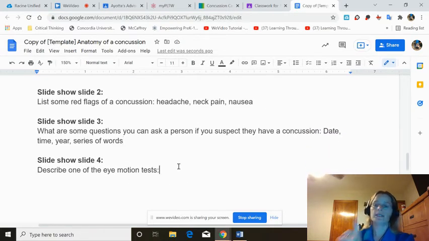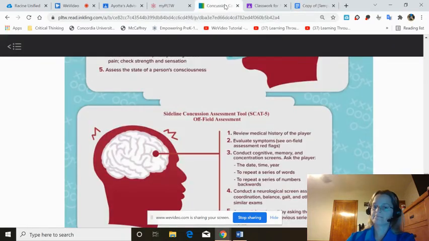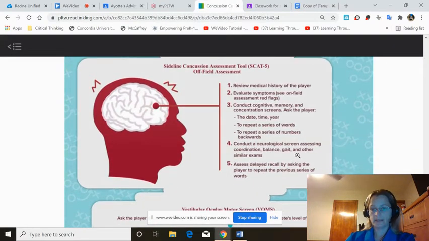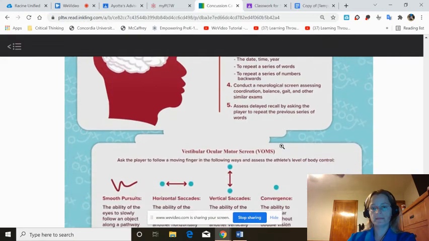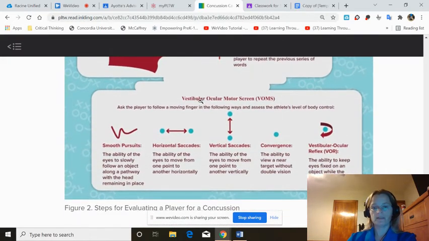One of the eye motion tests for a concussion. Let's see. So that's the neurological screening. Here we go. Vestibular ocular motor screen. So the ability of eyes to follow an object along its pathway while the head remaining in place. When somebody has a concussion and they're trying to follow your finger as it traces a path, usually you see the eyes sort of twitching a little bit, okay?